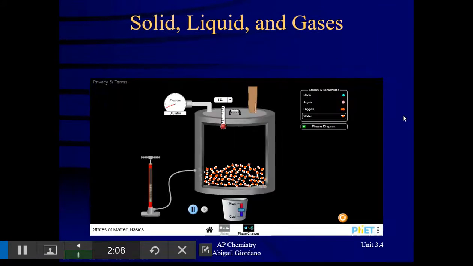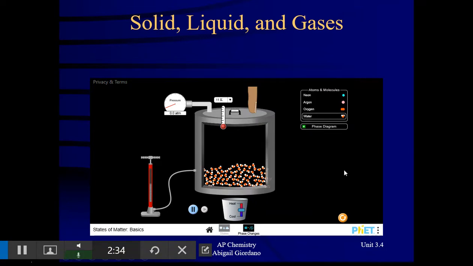Now, let's talk about phase changes. Here we are seeing a sample of ice. Those little tiny particles, if you can focus your eyes in on them, you can see that bent shape, almost that Mickey Mouse shape of water. And it's in the solid phase right at this moment. If you'll notice, there are these gaps.